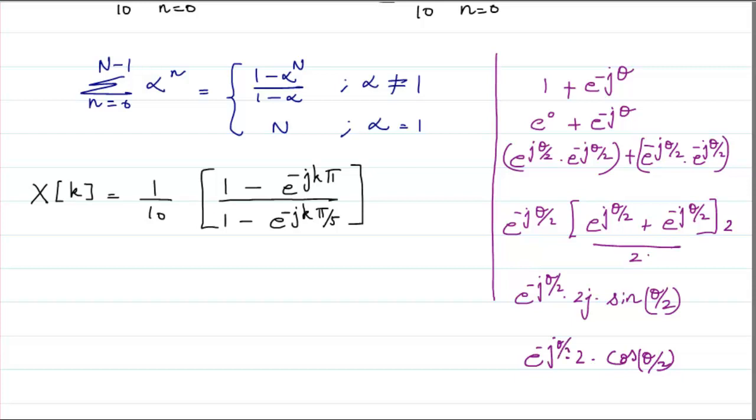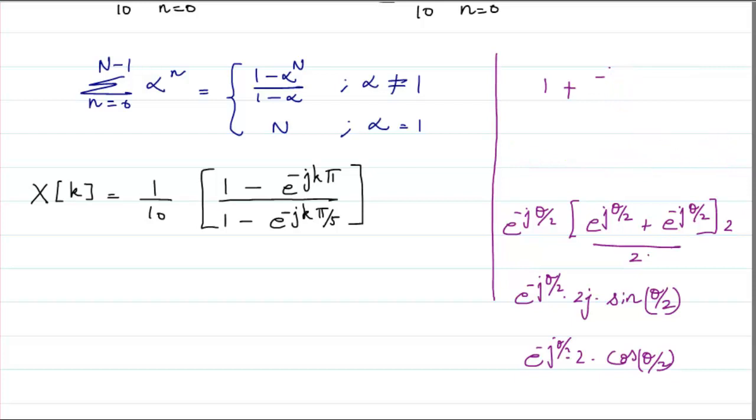So I want you to remember this, and I will write it here. E raised to power 0, that is 1, minus e raised to power minus j theta can be written as e raised to power minus j theta by 2 into 2j into sine theta by 2.